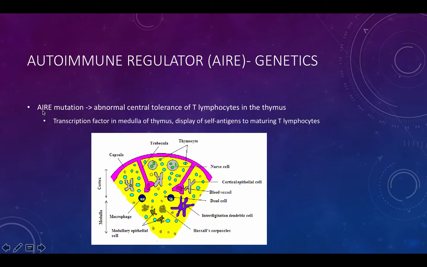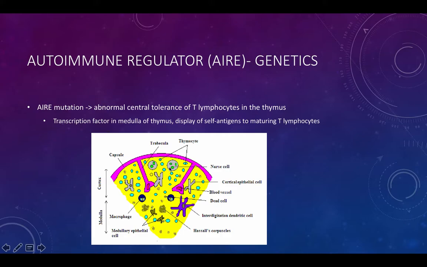Now, AIRE is basically a gene that makes a transcription factor in the medulla of the thymus, and plays a very important role in displaying a variety of self-antigens to your maturing T lymphocytes, which are not shown in this diagram.